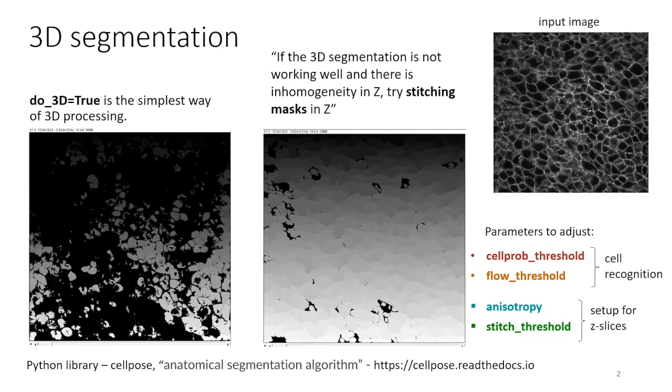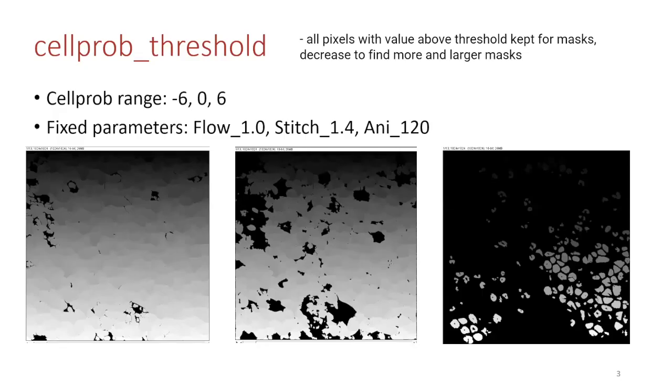So cell prop, as I mentioned, is like a 2-dimensional analysis, and with parameters from -6 to 0 and 6, it gives the results you see from the left to the right.